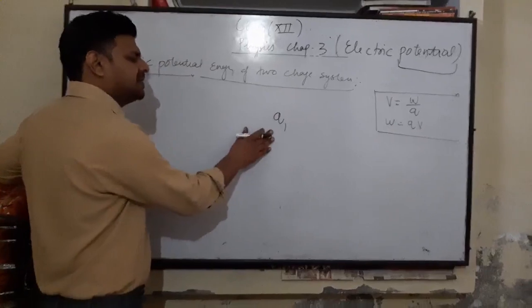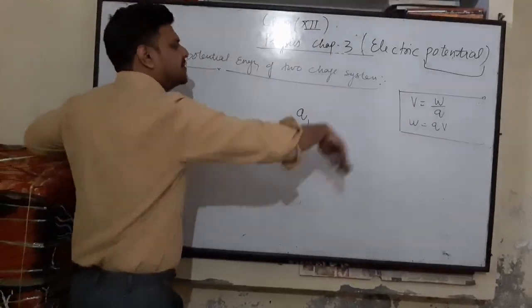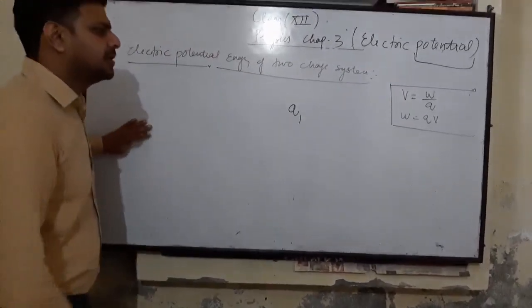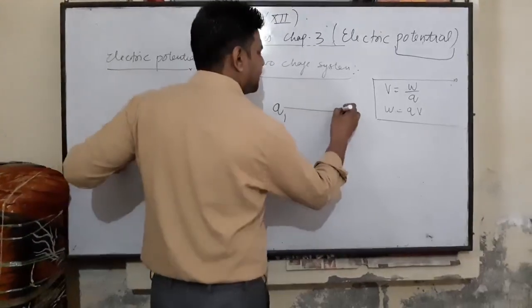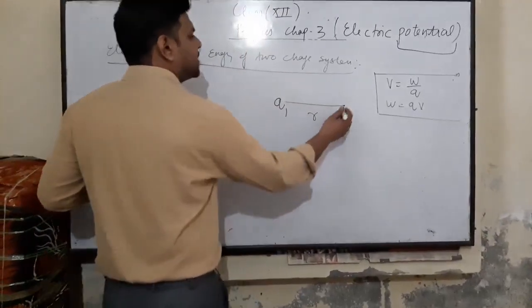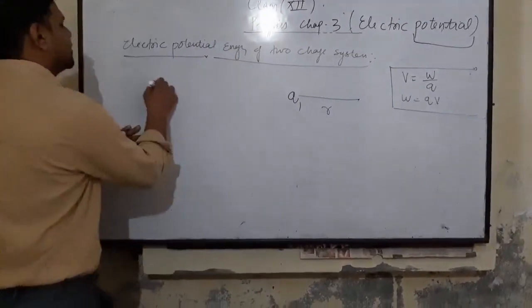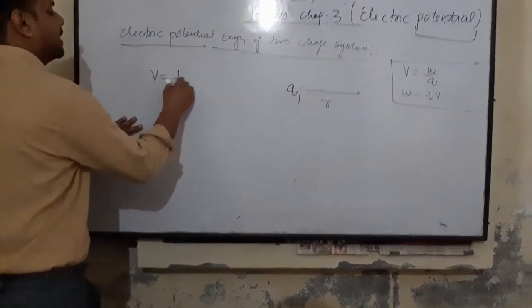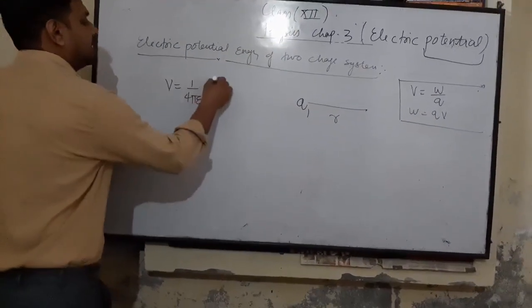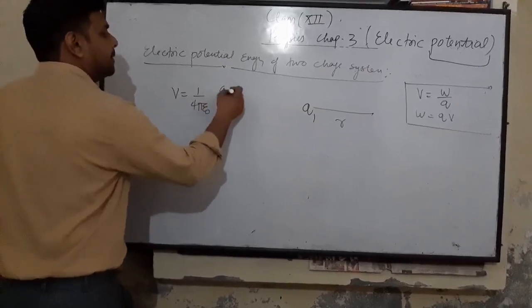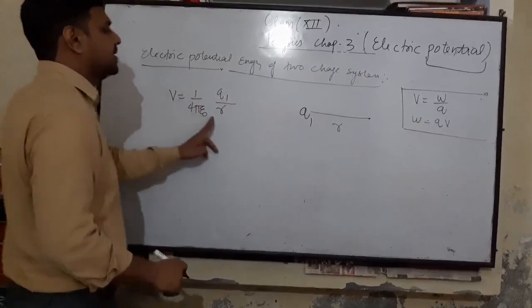Now, after placing this charge, an electric field is set up around it. Now find the potential at a distance r. Potential is 1 over 4 pi epsilon naught, Q1 upon r.